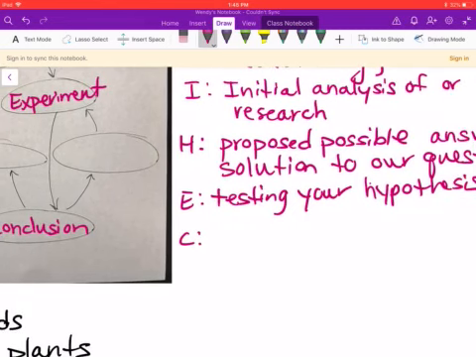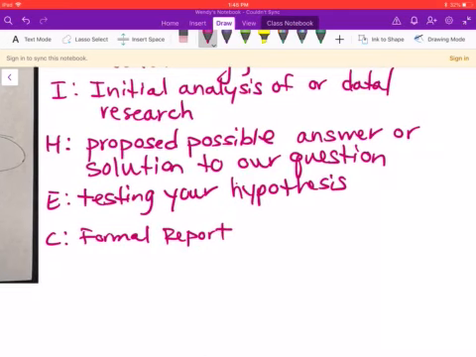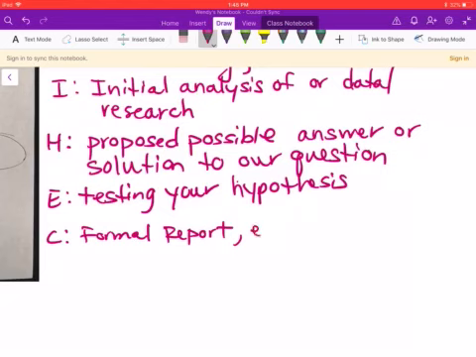So the conclusion is generally a formal report. We explain our results and determine if our hypothesis was correct or incorrect.